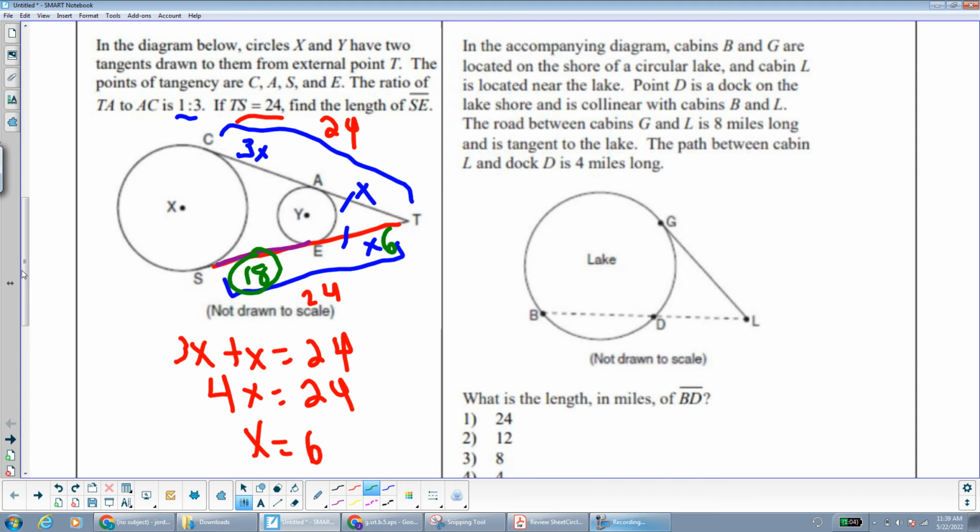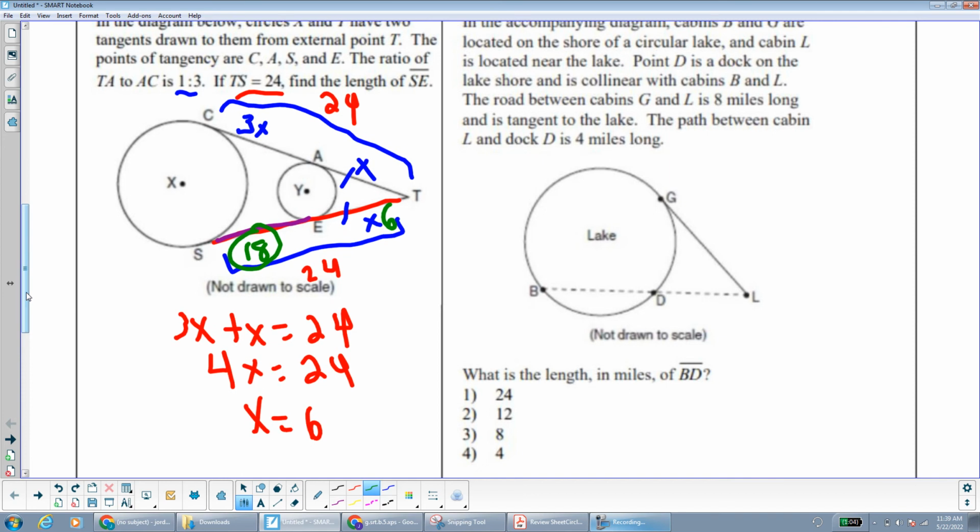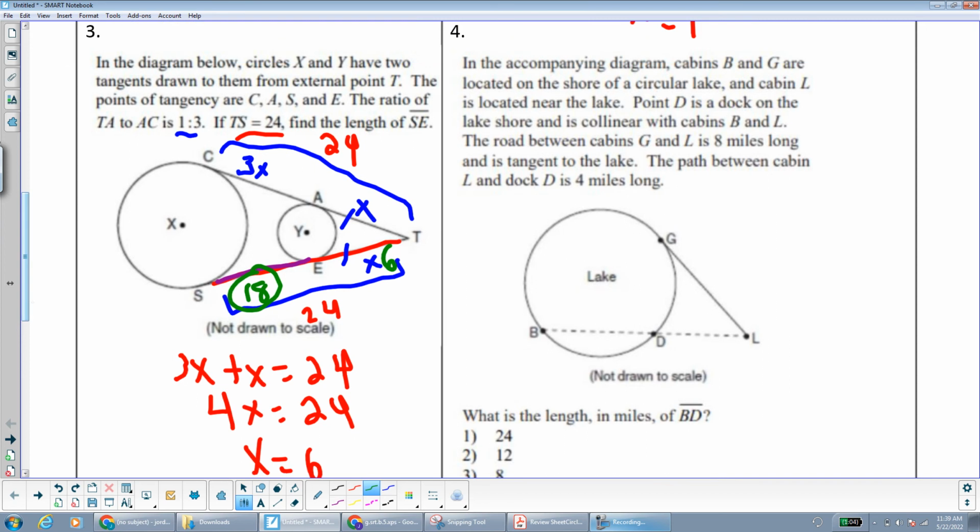In the next question, we are looking for the length of BD in miles. Let me take a look at the question and mark the diagram real quick. So it tells us that the road between cabins G and L is 8 miles long and is tangent to the lake.